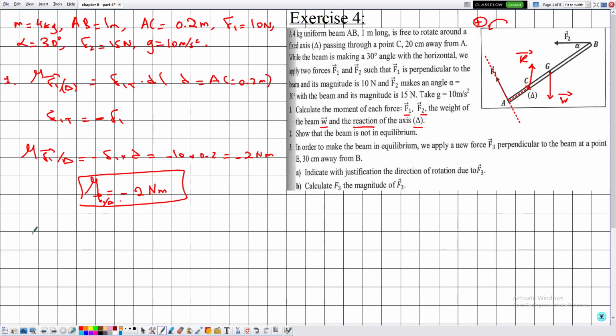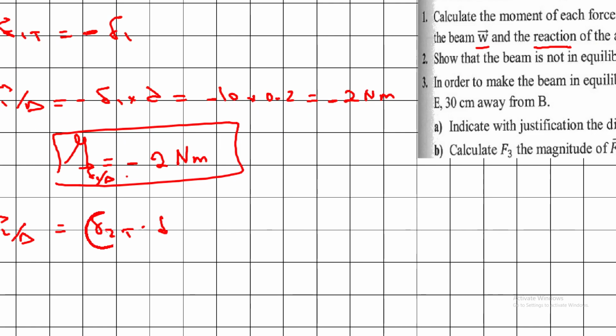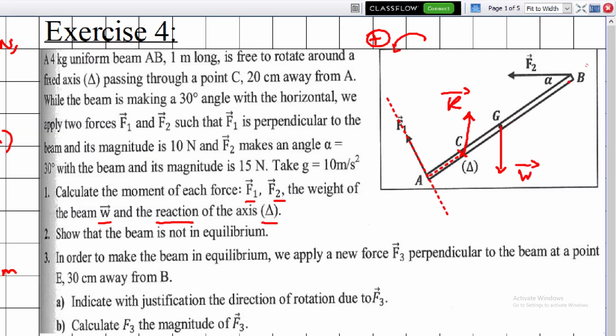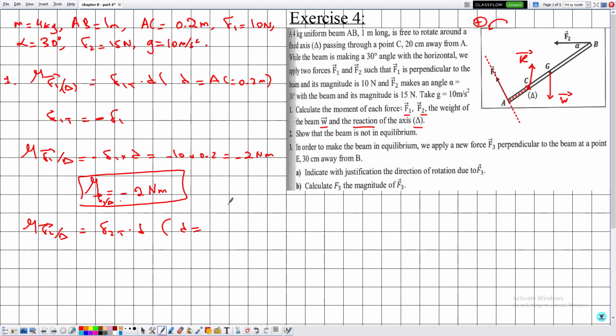Now what about the moment of the force F2? It's given by F2 tangential multiplied by d. This is a component, so it may carry a positive or a negative sign. The distance between F2, the point of application of F2, and the axis of rotation is given by CB. We don't know the length of CB, but CB is given by AB minus AC.